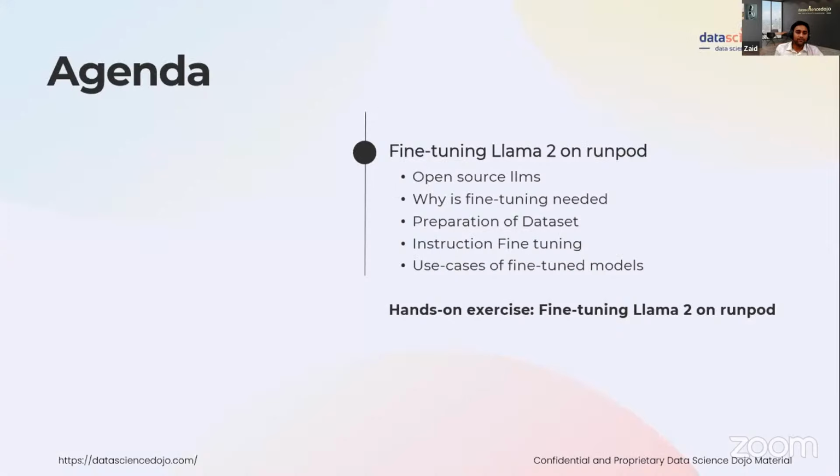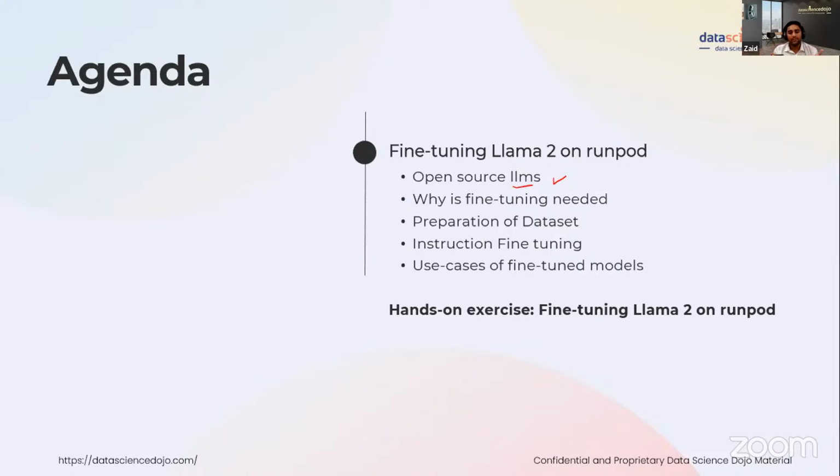First and foremost, we'll be talking about the open source community and the LLMs we have in open source. You must have heard about the Hugging Face platform, where most of the open source LLMs are.